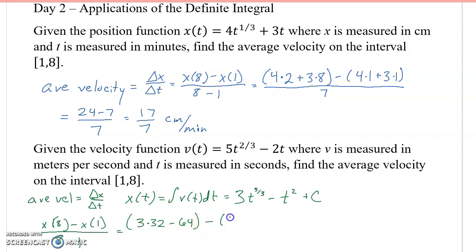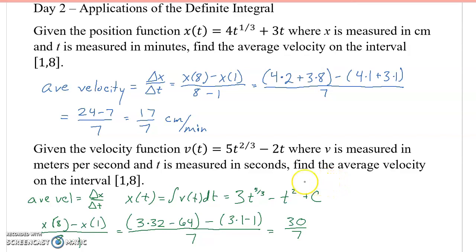And then 3 times 1 to the 5/3 minus 1 squared over, once again, it's 7. And let's see, so this is 3 32s, this is 2 32s, so when you subtract you get 1 32. So 32 minus 2 is 30. Forgive me if I'm making any calculation errors, but the concepts are sound, I assure you.